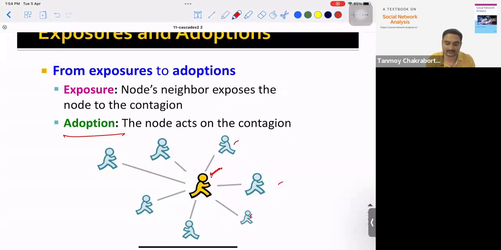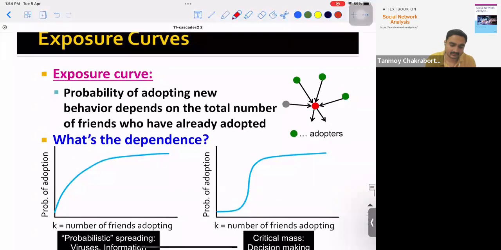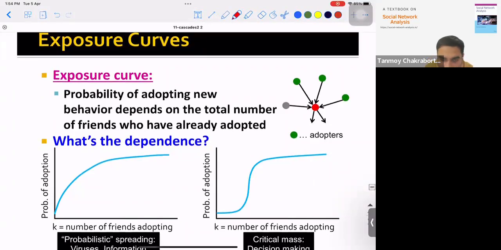Okay, what are we saying? We are saying that a node will, with a certain probability, decide whether it will adapt to a particular strategy, a particular behavior, a particular rumor or not. What is interesting here is that, depending upon the user's neighbors' behavior, a particular node will adapt a particular strategy or not.